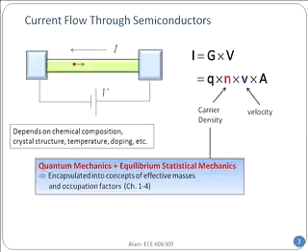Because what we did was use quantum mechanics and, this is very important, equilibrium statistical mechanics. That is, we derived Fermi-Dirac statistics without assuming any electric field or potential, right? And in that case, we were able to calculate how many electrons we have for variable doping and for variable materials.